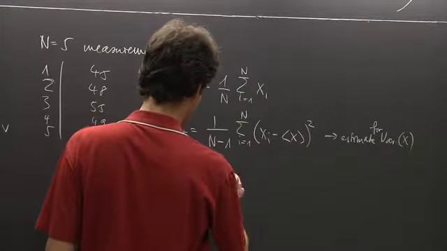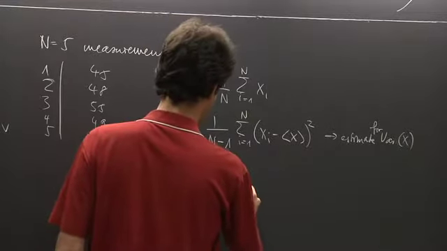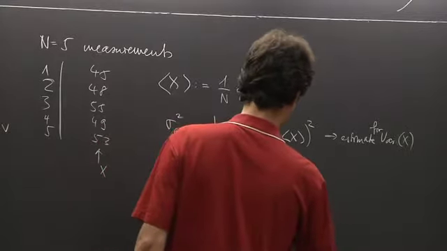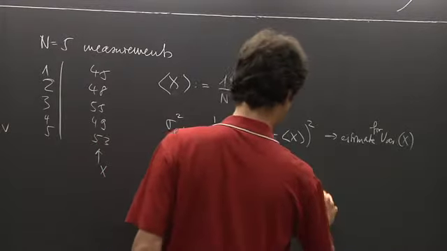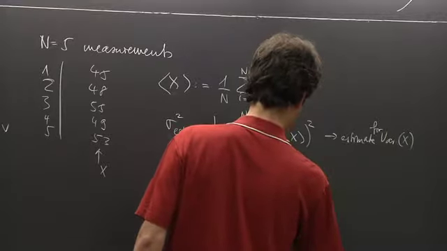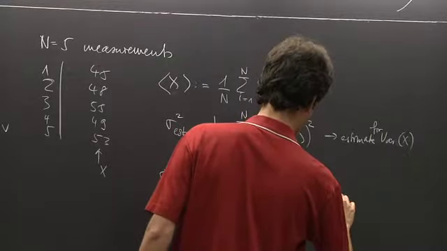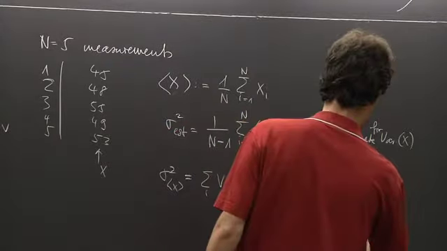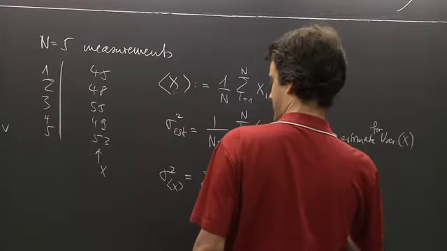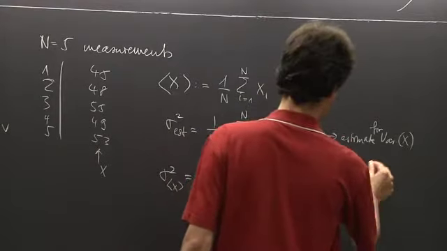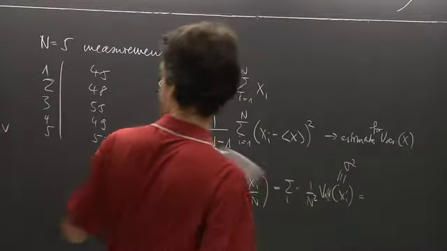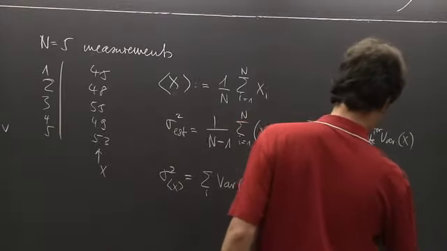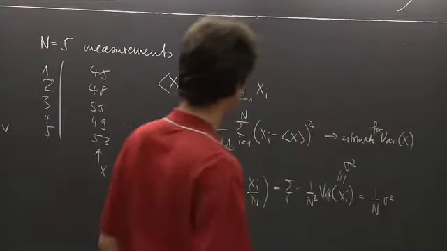So this is the sum of variances of xi over n, and that we said also is 1 over n squared, sorry, of variance of xi. And variance of xi by definition is the standard deviation of that variable, so this is this width here. And I have n measurements, so I get 1 over n sigma squared.